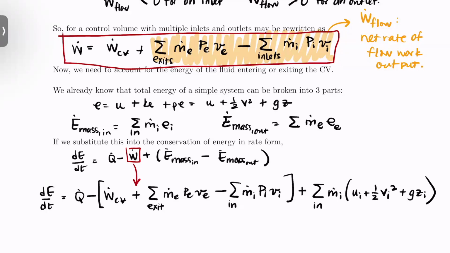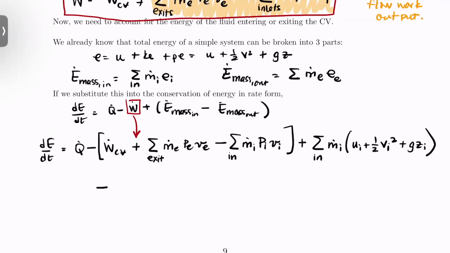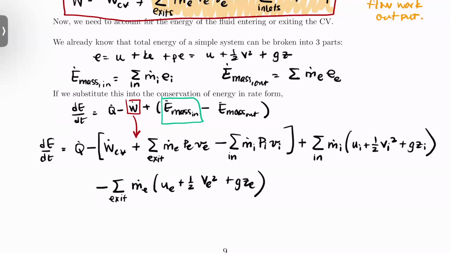Last but not least, we have this exact same term for our exit. So we have m dot e times the quantity ue plus 1/2 ve squared plus g ze. Let me just mark this up a little bit so that it's extra clear. So this is our E dot mass in, and this is our E dot mass out.